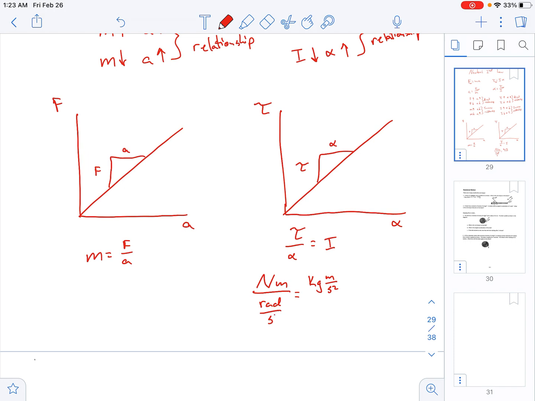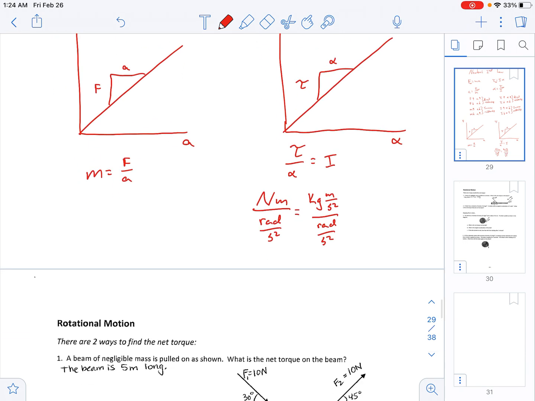Sorry, I said radians per second for alpha; it's radians per second squared. So kilogram meter per second squared over a radian per second squared, which is really just a kilogram meter per second squared. If I multiply by the inverse, that's a second squared over a radian. My seconds squared cancel out. I forgot my meters there.